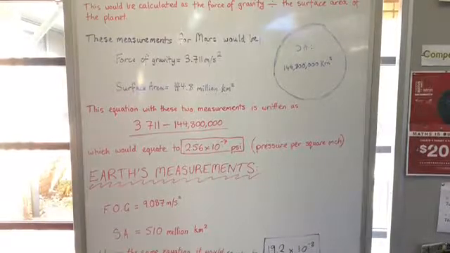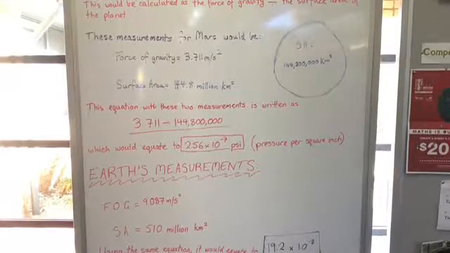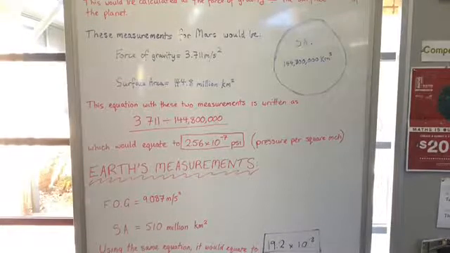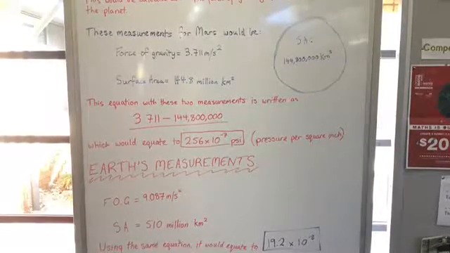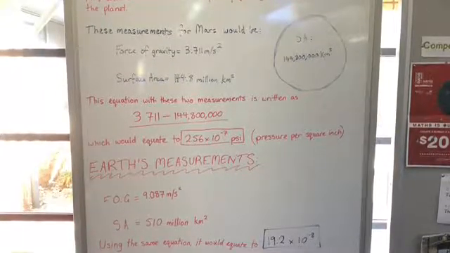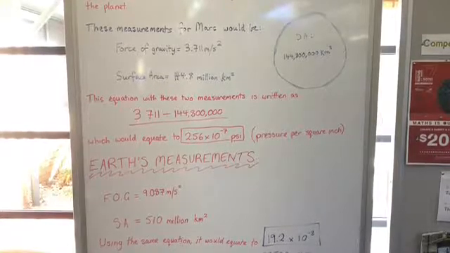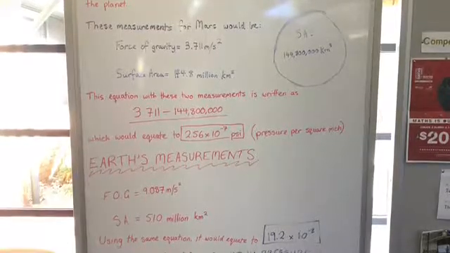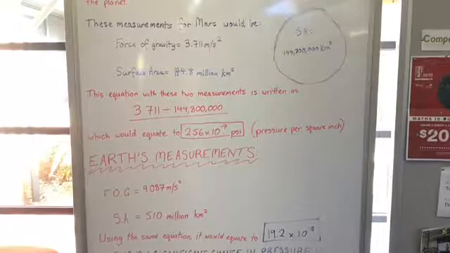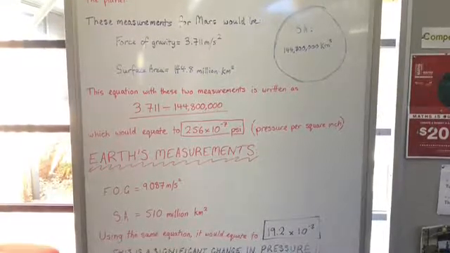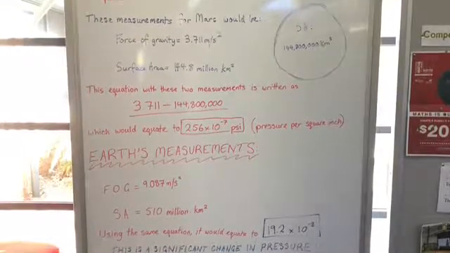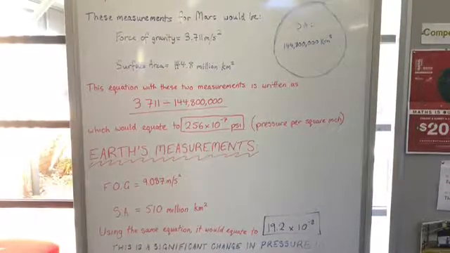This equation with these two measurements is written as 3.711 divided by 144,800,000, which would equate to 2.56 times 10 to the power of -7 psi, which is pressure per square inch.